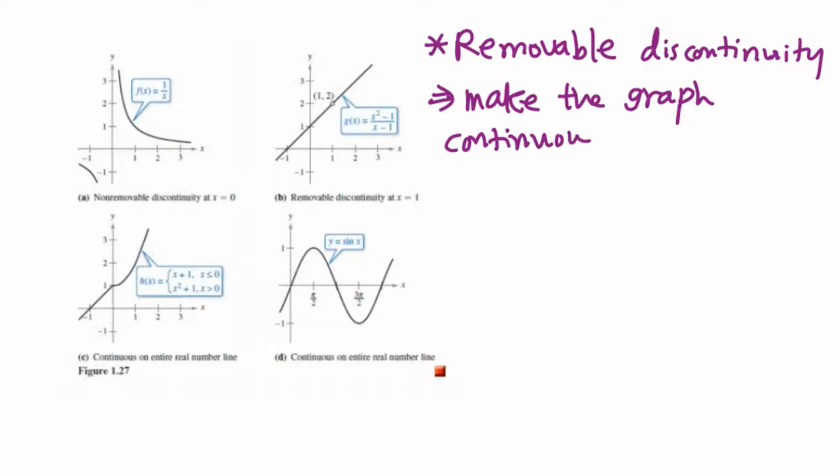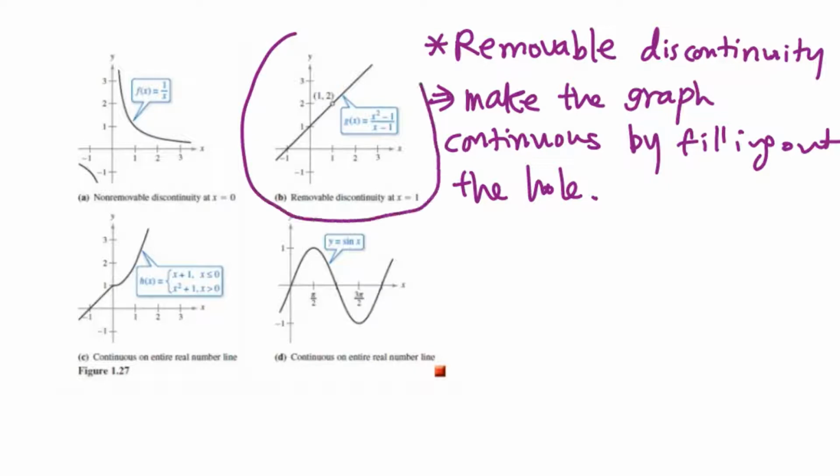How? By filling out the hole, because where the hole is, is the only place that the graph is disconnected. So in this case, if you look at graph B, if you fill out the hole, then you can make the graph continuous. So we say it has a discontinuity, but it is a removable discontinuity.